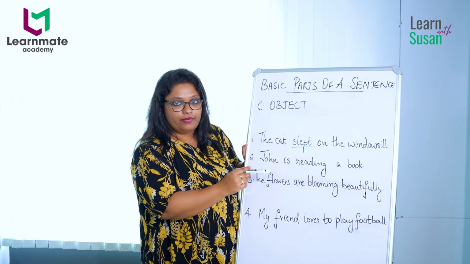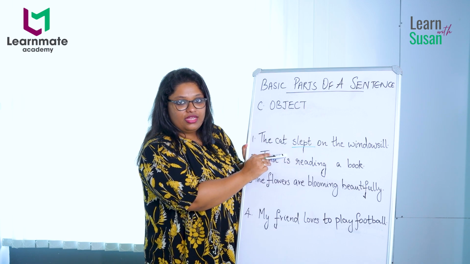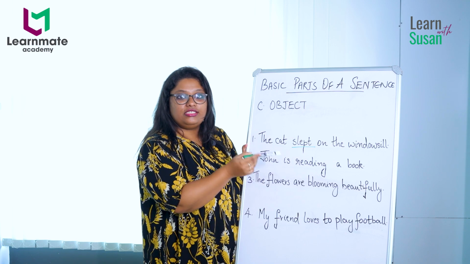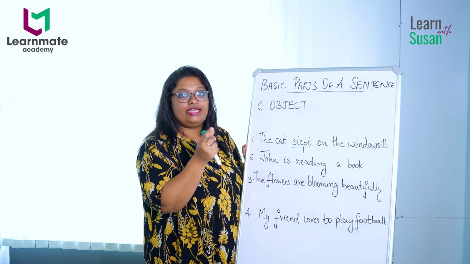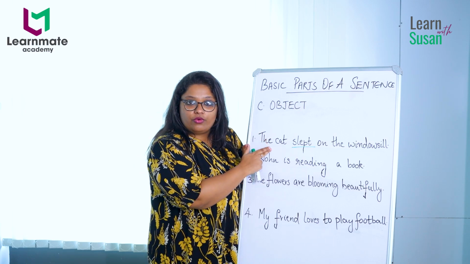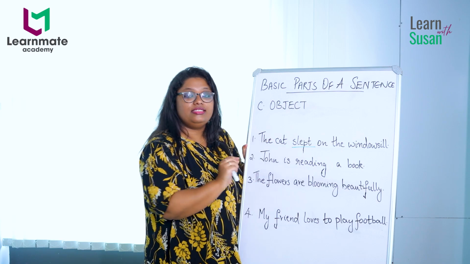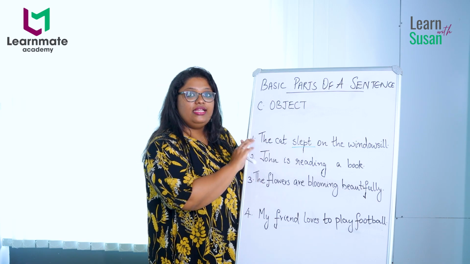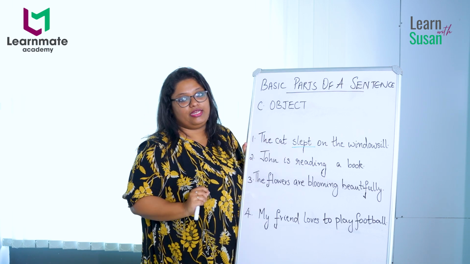Slept is the verb, but the action of sleeping is not directly affecting the noun, which is the cat. So when a verb does not directly affect a noun or a pronoun in a sentence, it means that in that sentence there is no object. So in the first sentence, there is no object that can be identified.